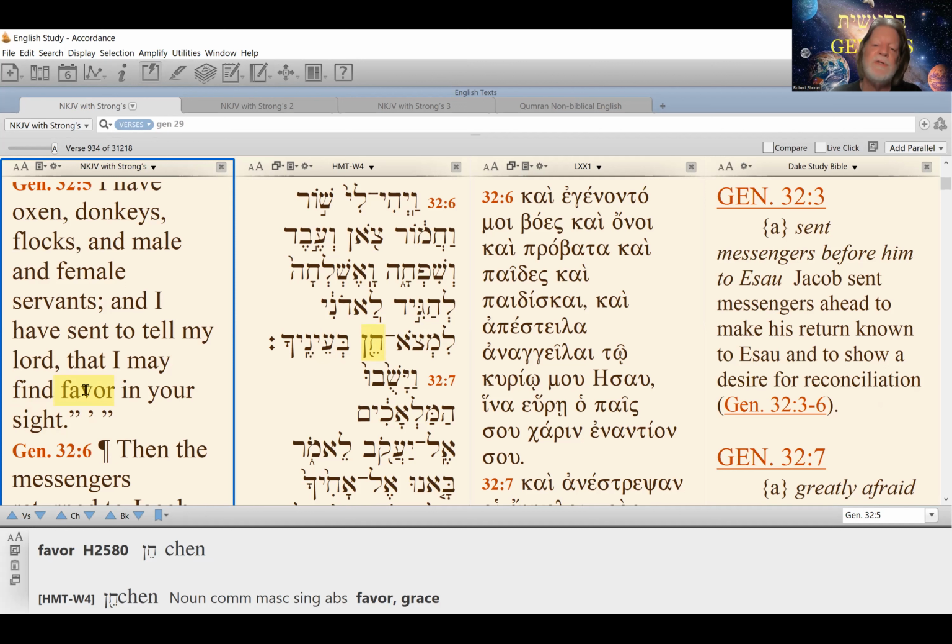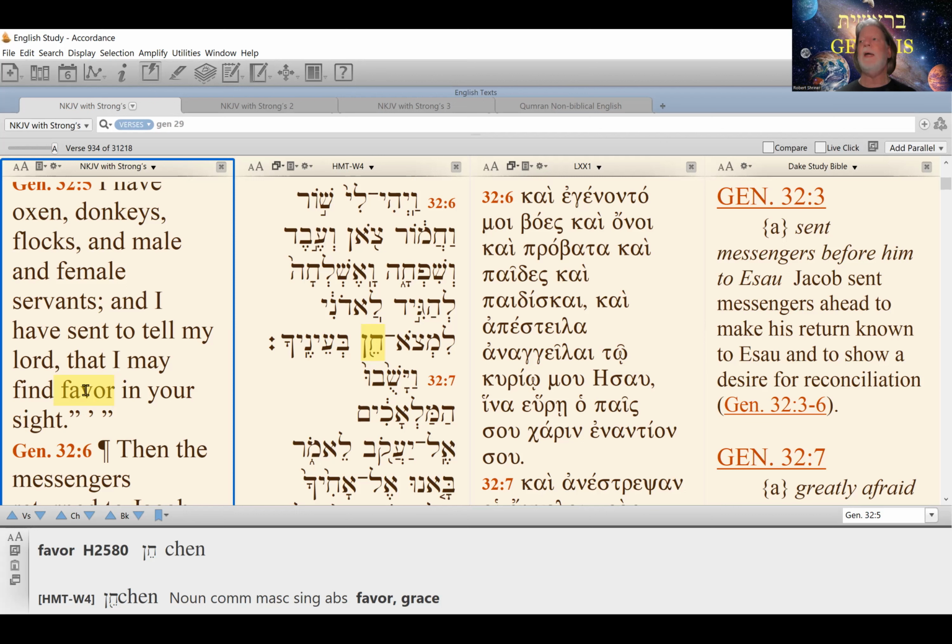So basically what Jacob is saying here is, Esau, I hope I find grace or favor in your sight because I don't deserve it. I haven't done anything to rate it like as a reward for my goodness to you. But he says, I hope I can find grace in your sight.